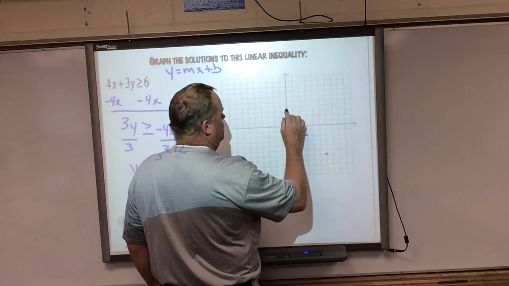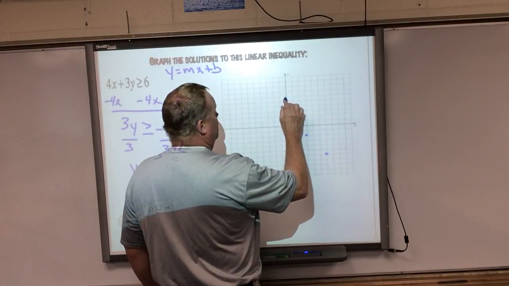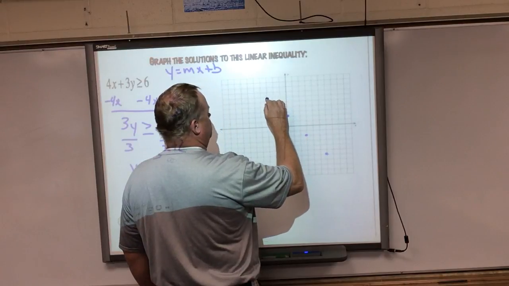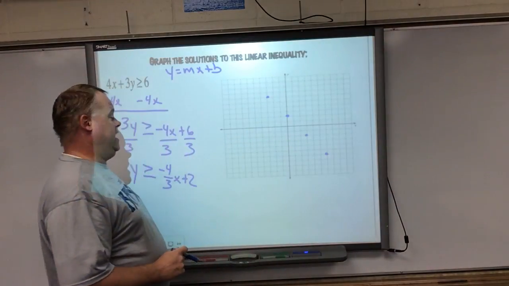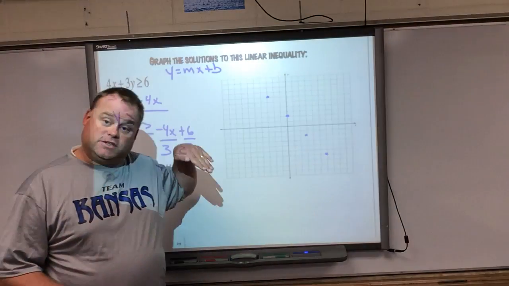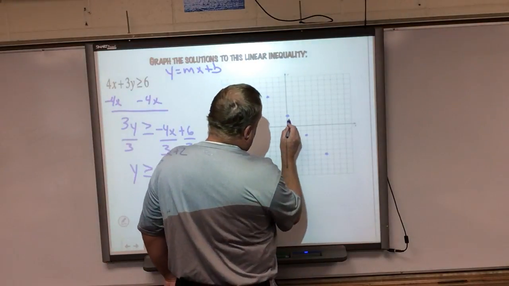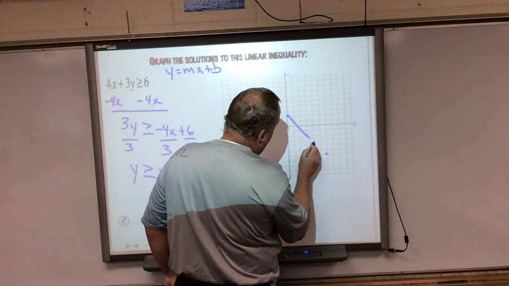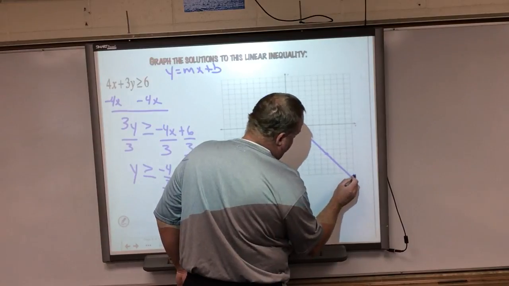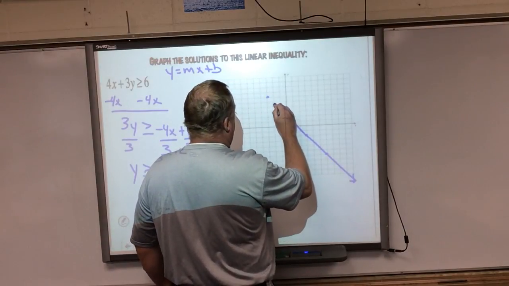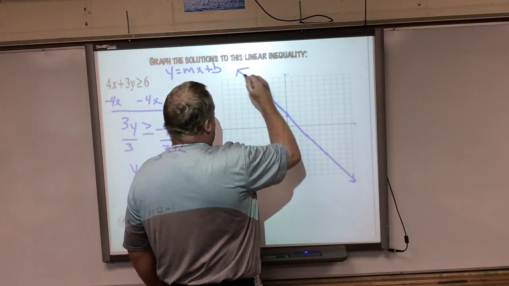Up 4, left 3. Remember, I want it to be a negative slope, so it's going to be going down and to the right. Draw my line. And there we go.